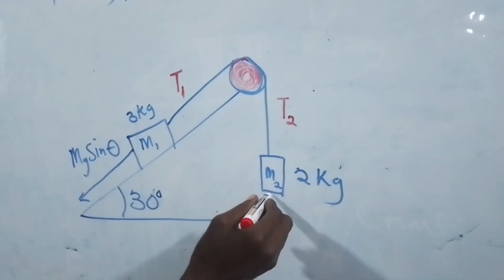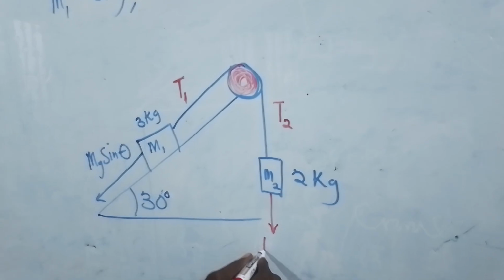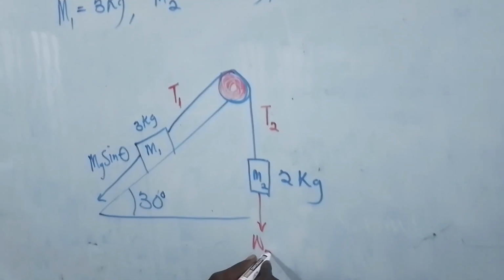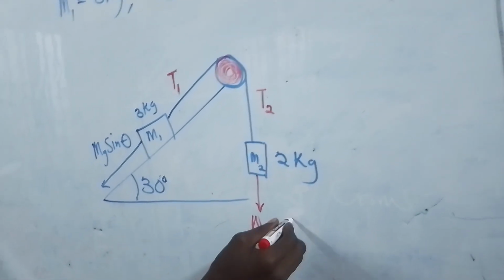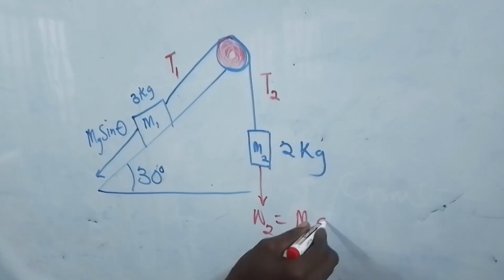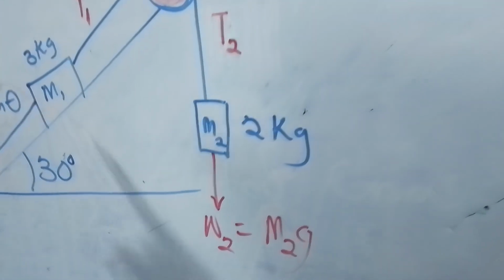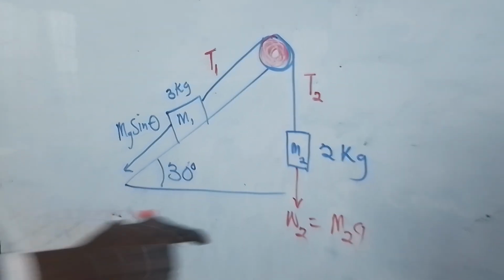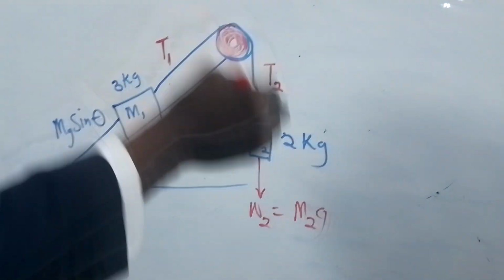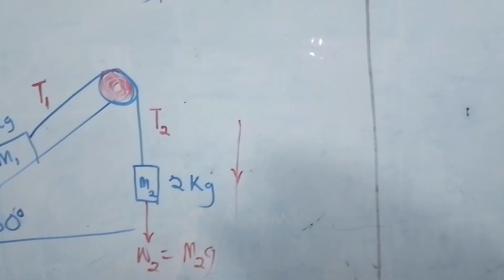The weight of M2 is acting vertically downward. The weight of mass M2 will be equal to M2G. The acceleration is down this way.